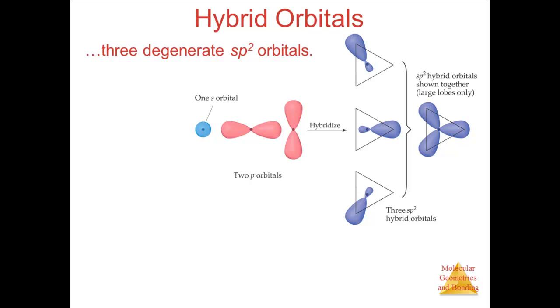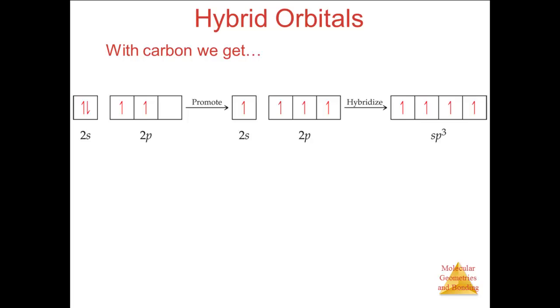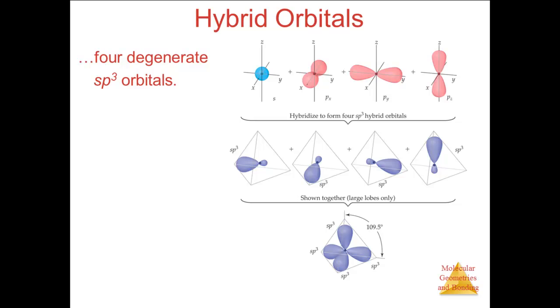This allows the formation of 3 bonds where only 1 could have formed before hybridization. For carbon, mixing the s and all 3 p orbitals results in 4 sp3 hybrid orbitals with a tetrahedral shape, 109.5-degree angles. Again, the energy is in between the s and p energies, and we can form 4 identical bonds.